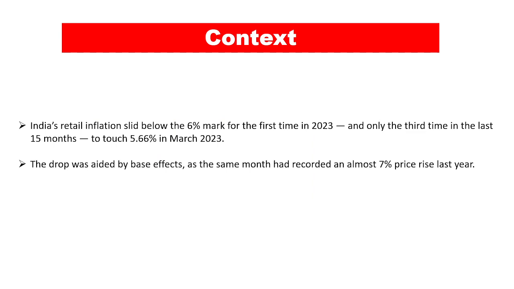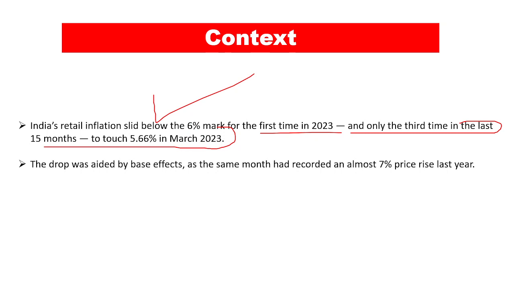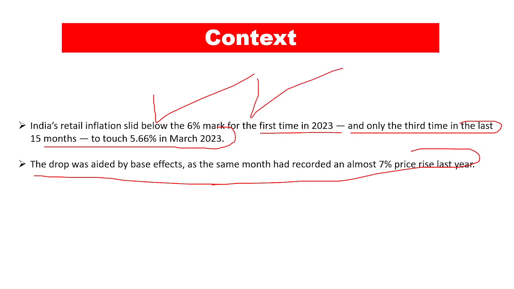India's retail inflation slid below the 6% mark for the first time in 2023 and only the third time in the last 15 months, to touch 5.66% in March 2023. The drop was aided by base effects, as the month had recorded an almost 7% price rise last year.